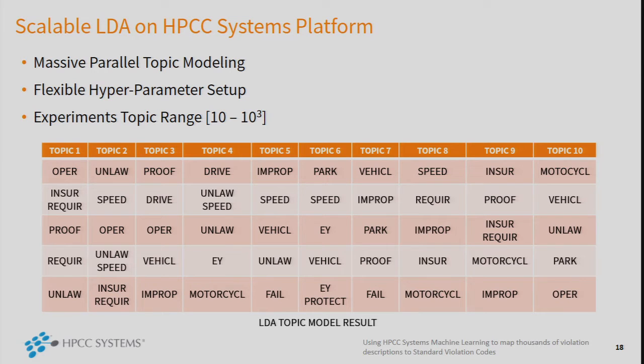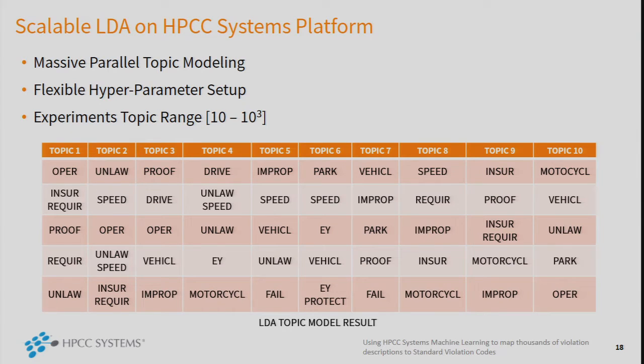Like topic 2 is unlaw speed, operation, unlaw speed. So with domain knowledge, we know most probably it's speeding tickets or something like that. So for maybe topic 10, we have 5 top terms: motorcycle, vehicle, unlaw, park.